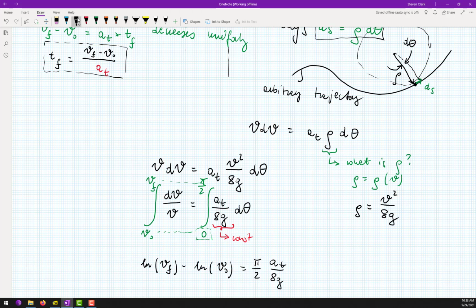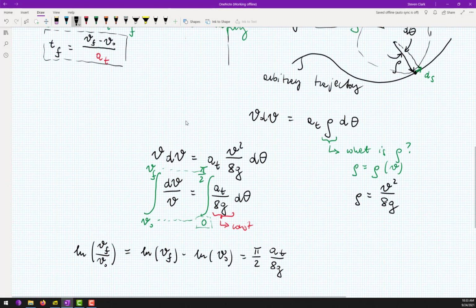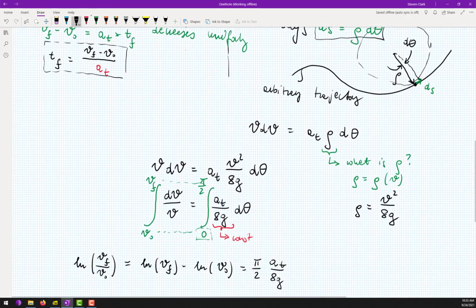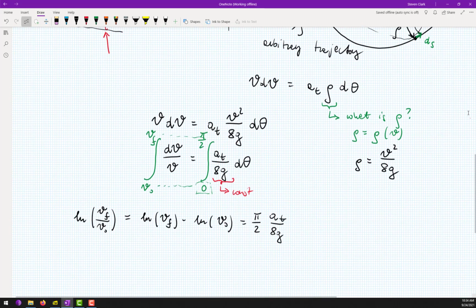Oh, and I also remember that we can do this thing to this expression. This will be actually log natural v final divided by v0. Yeah. Something like that exists in mathematics. Okay. Let's find at. Do you remember? This is the only thing missing. Once we have at, we have tf. Let's find at from this expression.